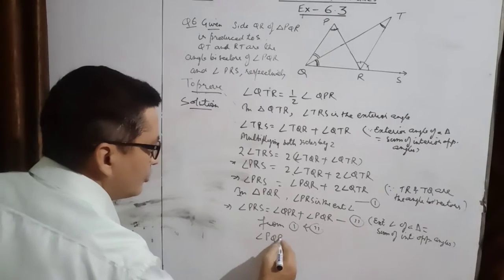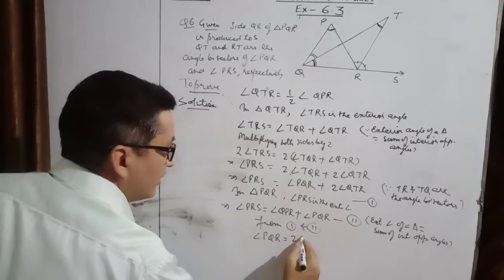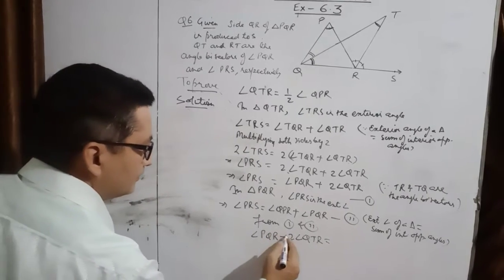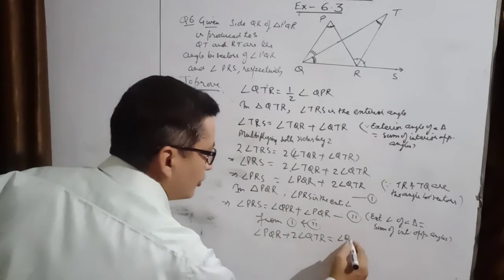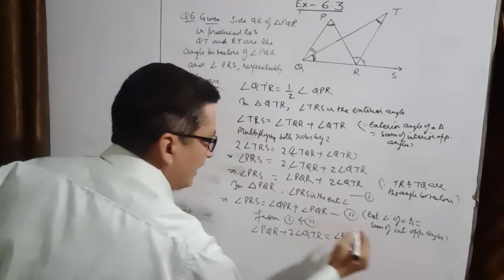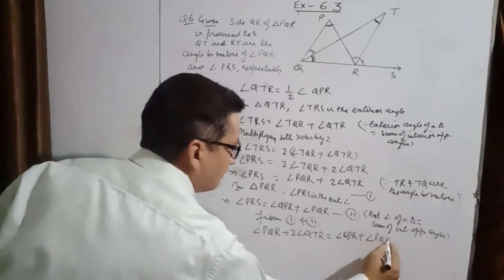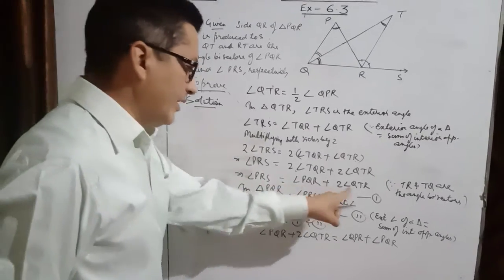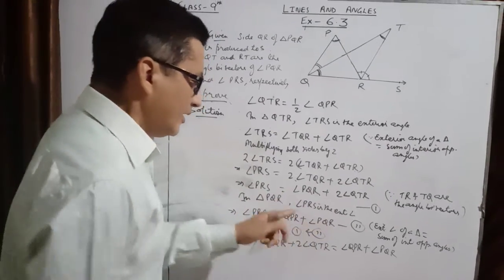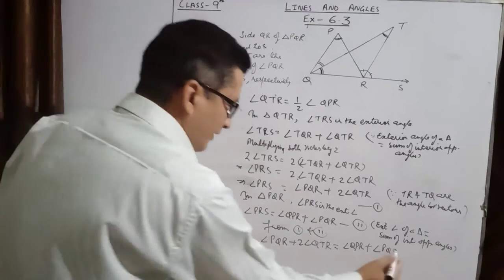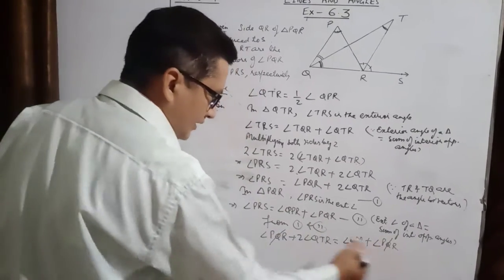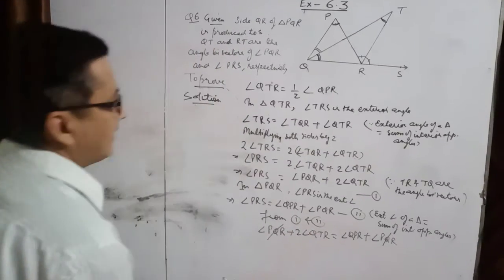Angle PQR plus twice of angle QTR is equal to angle QPR plus angle PQR. Students, look, PRS is equal to this and also to this, so we can equate these two. Now when you look at the two, angle PQR and PQR are on both sides, hence they can be cancelled out.